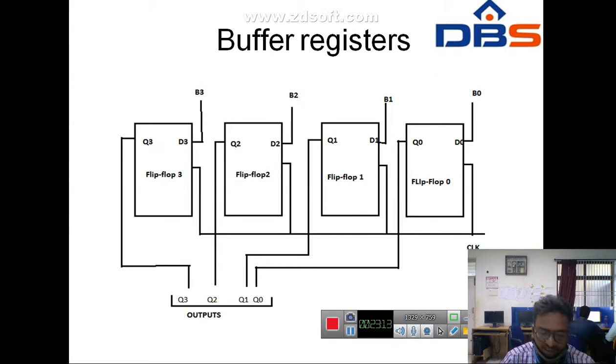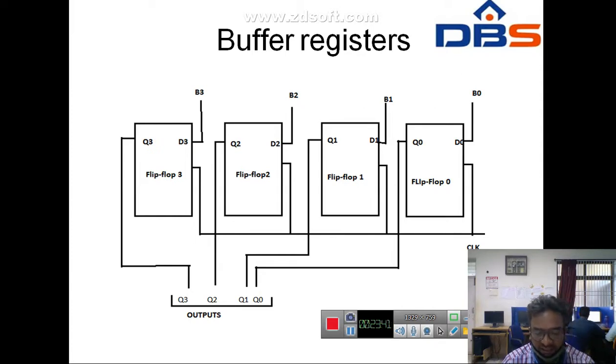So the data movement in the register is concerned with two characteristics: how the binary information is loaded into the register, and how we read the data from the register.